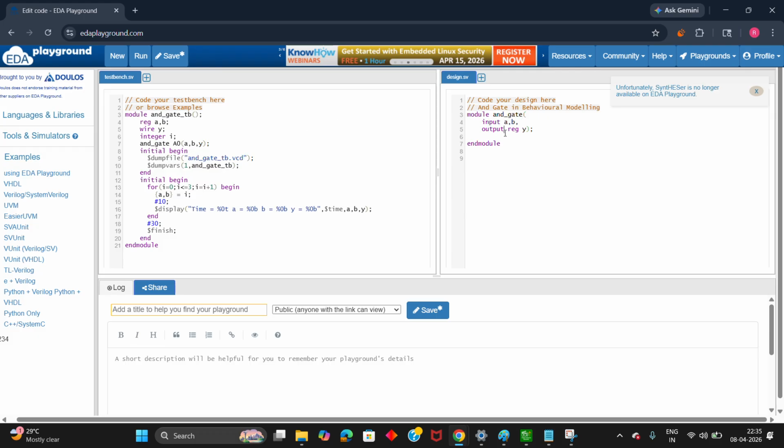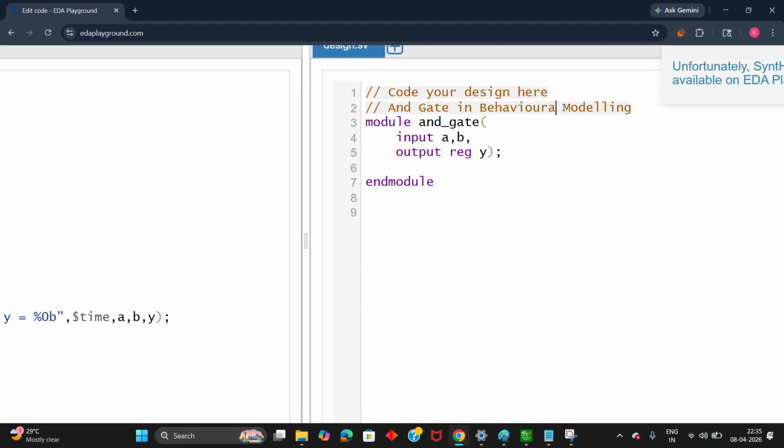So let us discuss the switch level modeling. To discuss switch level modeling, what you need to know is the transistor diagram, that is nothing but the CMOS diagram of AND gate. Since we are going to see the CMOS technology, we need to know about it.